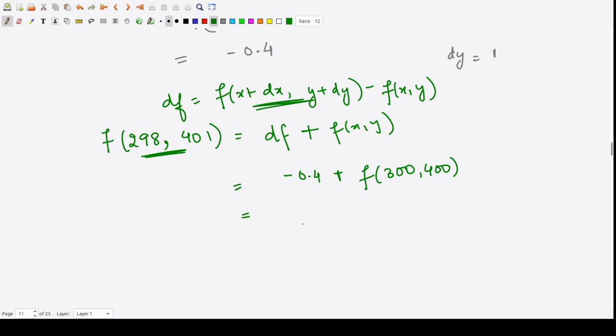Yes. So it comes out to be square root of 300 square plus 400 square. So the final answer is 499.6. So this is how you calculate the function's value at the point 298 and 401 using partial differentiation. So if you have any doubts, you can ask now.